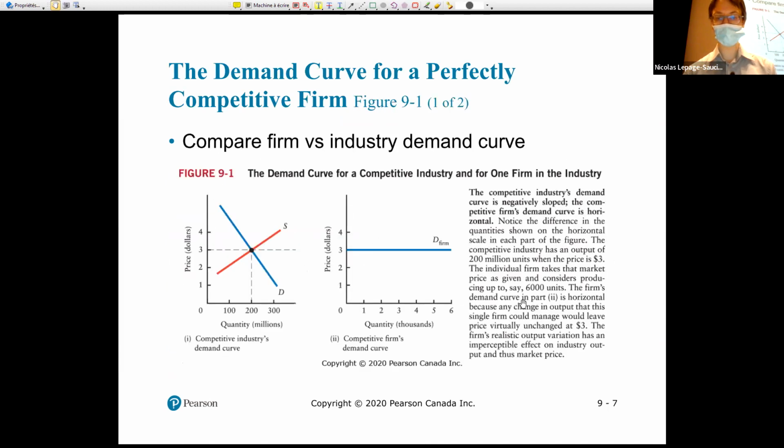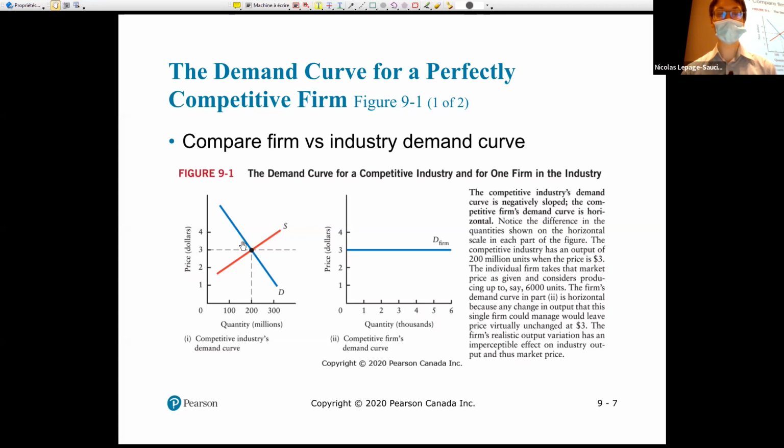So this is the point that I was making earlier: at the market level, you have a downward sloping demand. But what you have to understand is that from the point of view of a single firm, that single firm does not have a production decision between 100 million and 200 million, for which it would be able to observe this downward sloping demand curve.